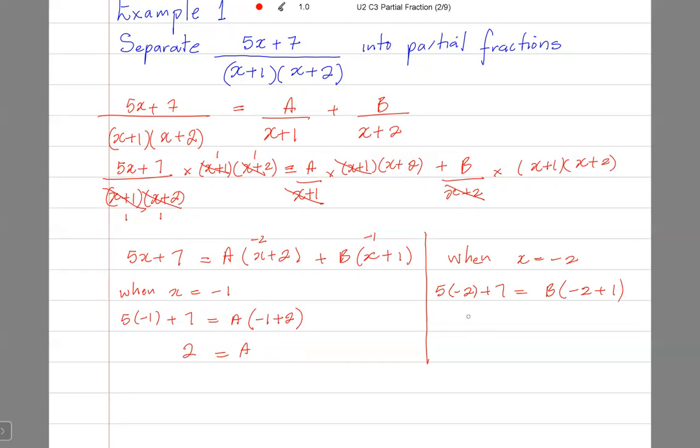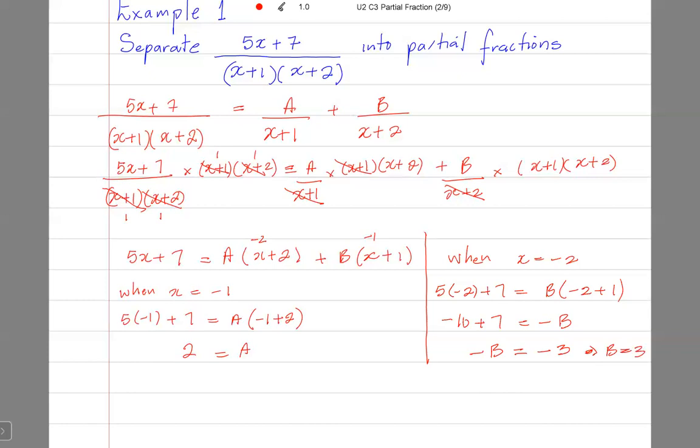So on the left, I'm going to have -10 plus 7. On the right, I'm going to have -1 times b, which is -b. So -b would be equal to -3. If I divide both sides by -1, I get b is equal to 3.